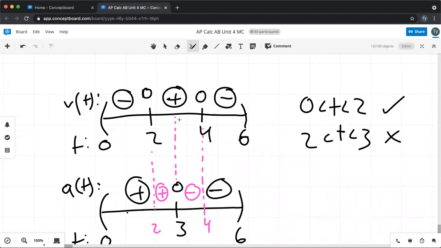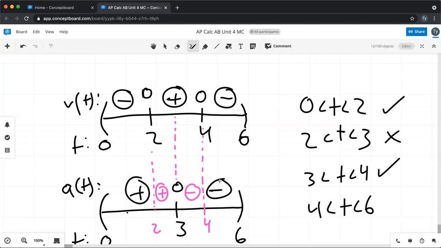All right, from 3 to 4 now, I'm just going region by region. From 3 to 4, we have a positive velocity and a negative acceleration. If they have opposite signs, that means our speed is decreasing. That's exactly what we want. And then from 4 to 6, we have a negative velocity and a negative acceleration.